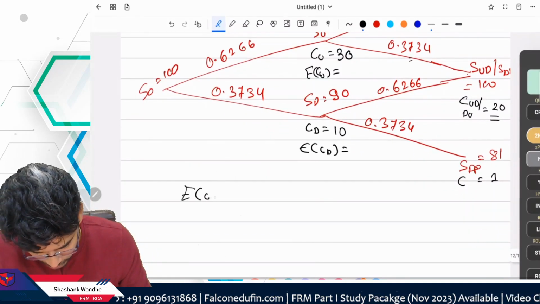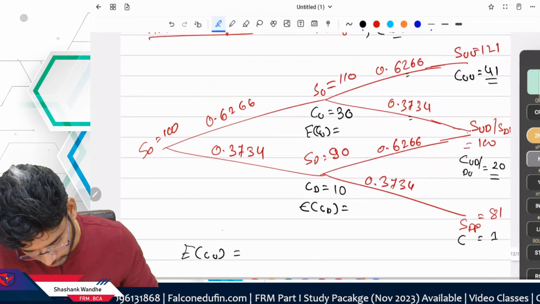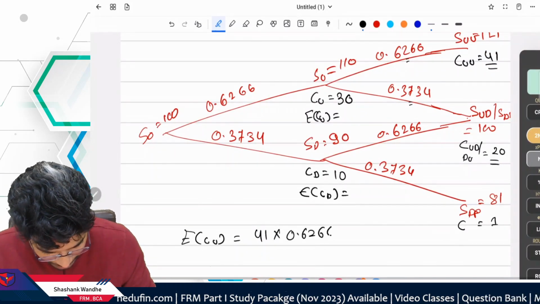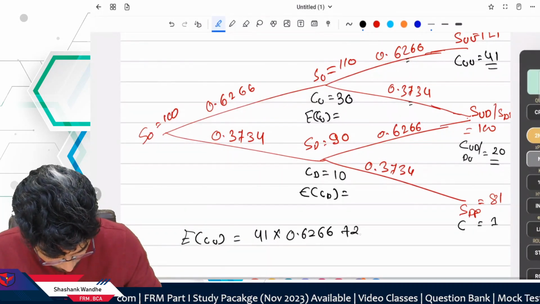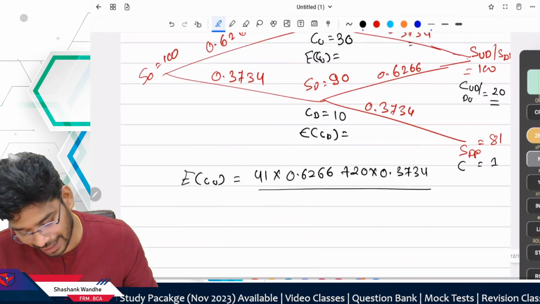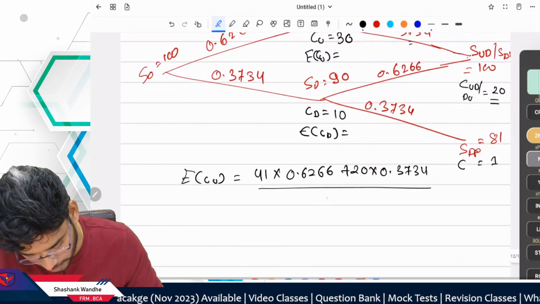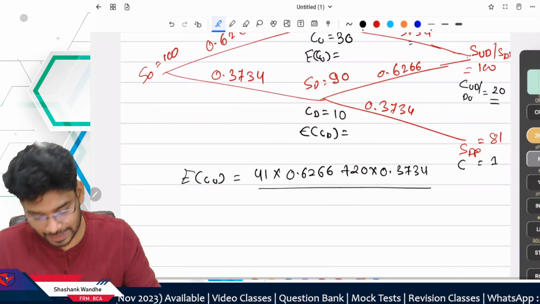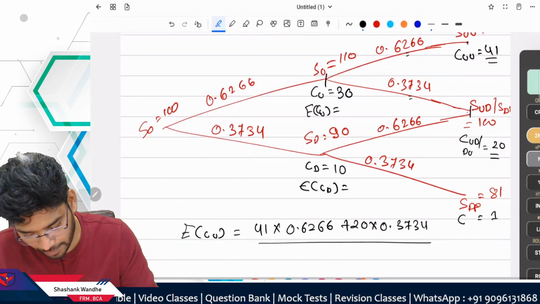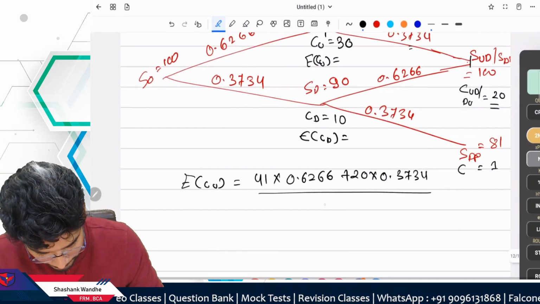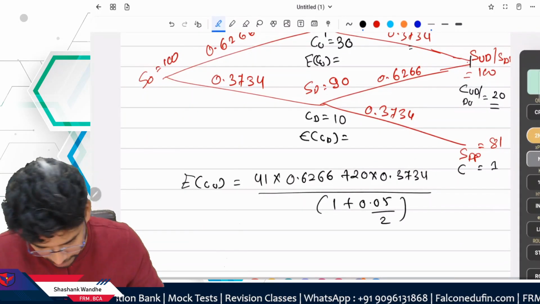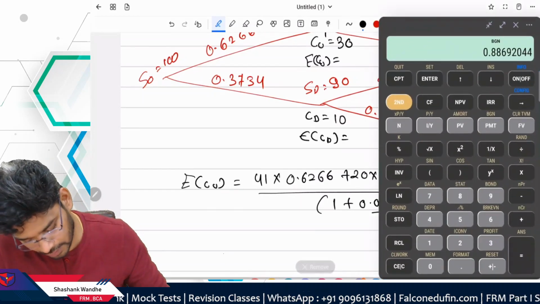Expected value of CU is equal to 41 multiplied by 0.6266 plus 20 multiplied by 0.3734, divided by, and here we will do the discounting, and discounting is for only 6 months, because this is a 6 month period only. So for 6 months discounting, 1 plus 0.05, our rate, divided by 2, 0.025.